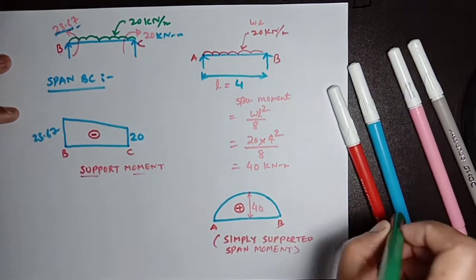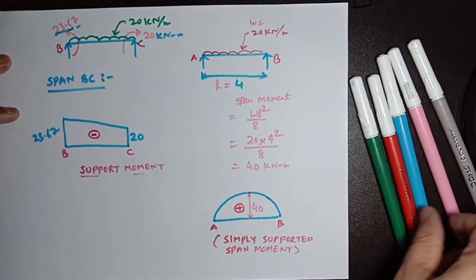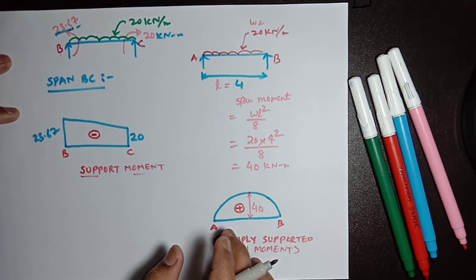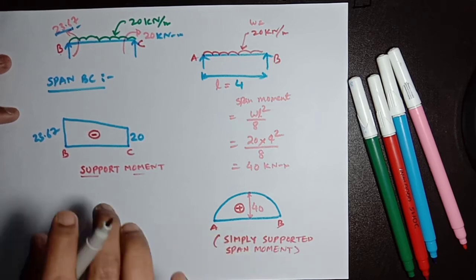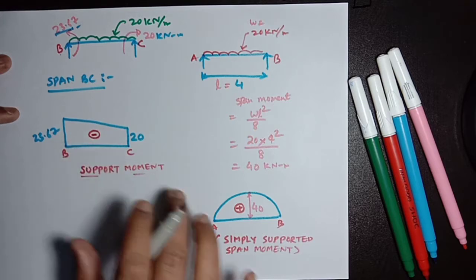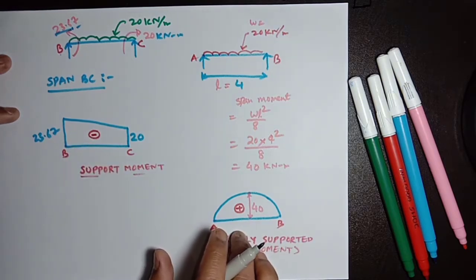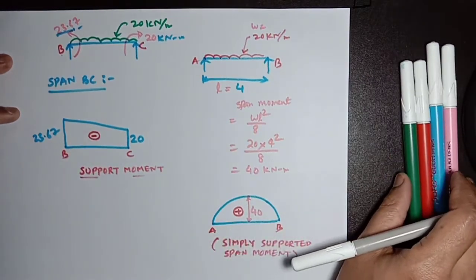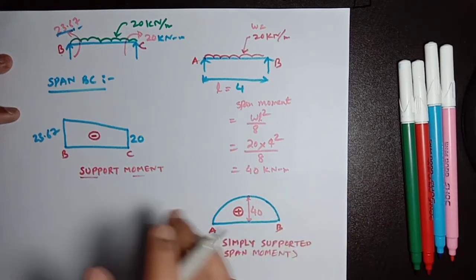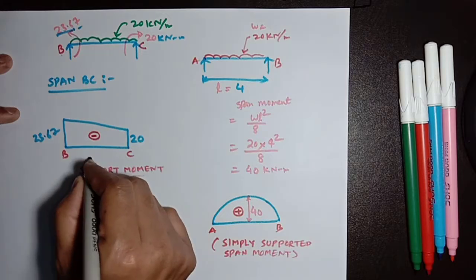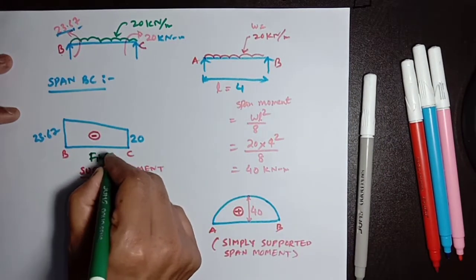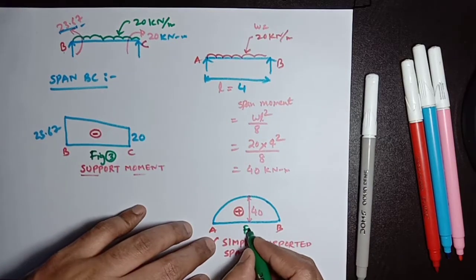Now as per our analysis of span AB, we are going to develop the same thing here. We are going to superimpose this figure and this figure to find out the final span moment as well as support moment, and that will be the final bending moment diagram for span BC. So this is figure 3, and this is figure 4.